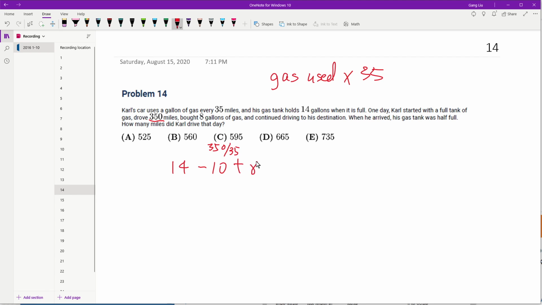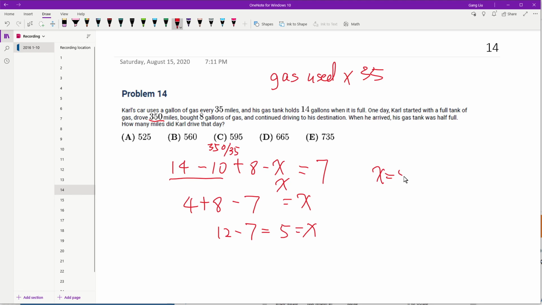Then we bought 8 gallons of gas and continued to drive, and then we lose, say, X gallons of gas, and the tank was half full. A full tank is 14, so half is 7. So we get that X equals 4 plus 8 minus 7, which is 12 minus 7 equals 5. So X equals 5.